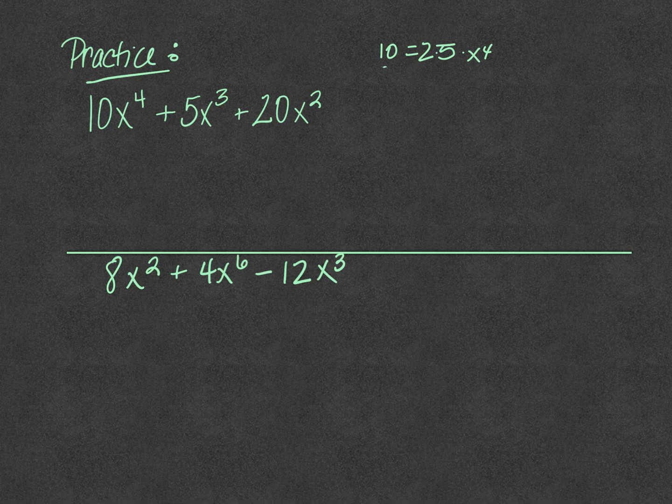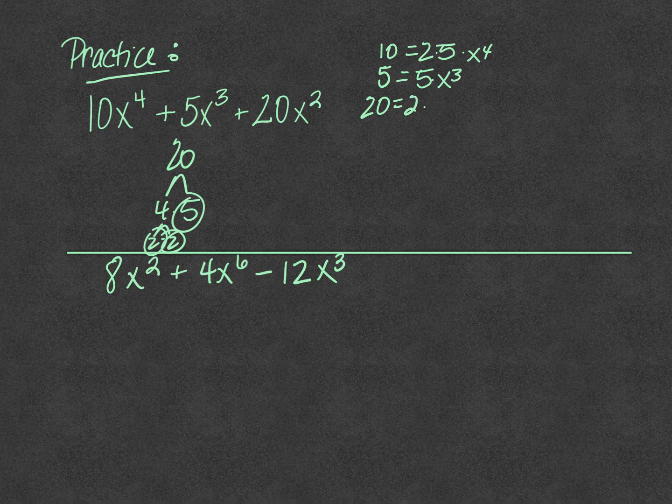Now let's go to 5. Our only factor here is 5 because it's already in its prime state. 20 is 4 times 5, and your prime factors are 2 times 2 times 5 times x squared.